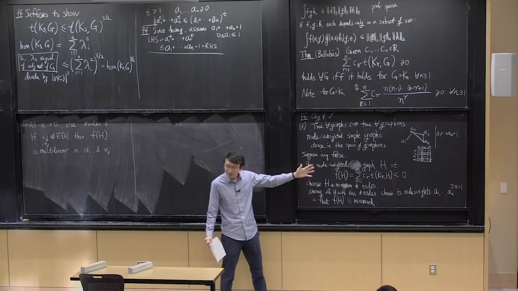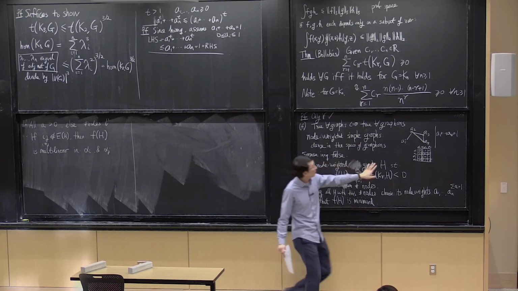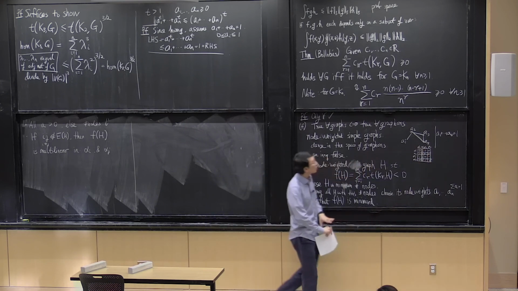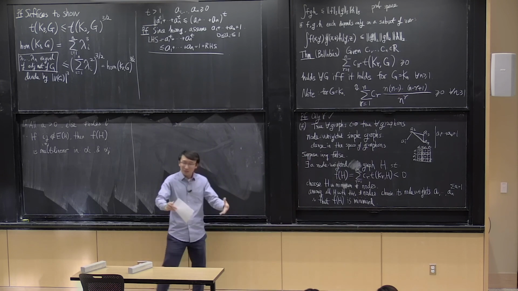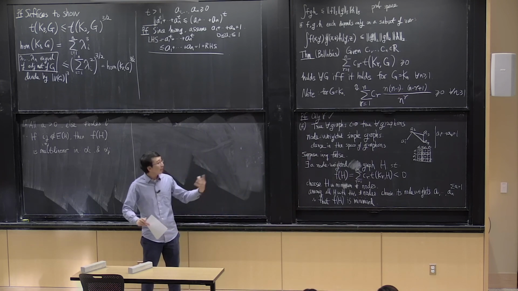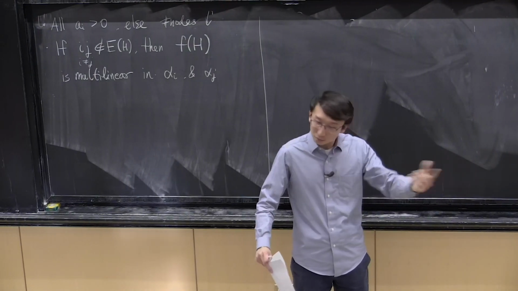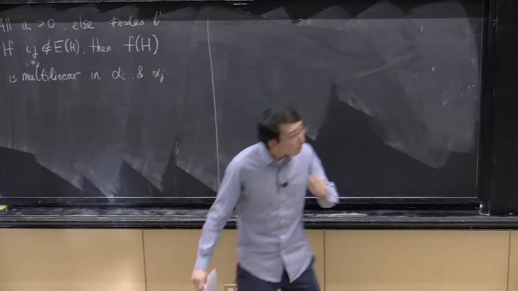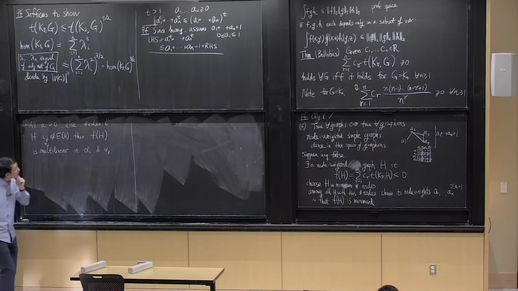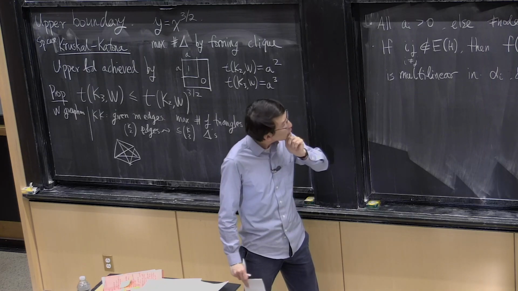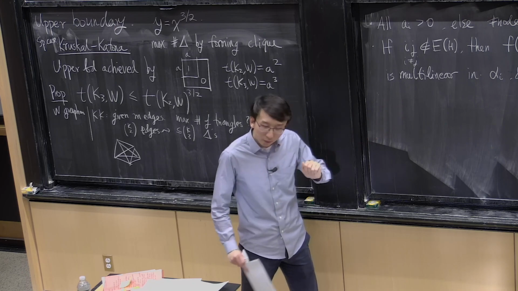If you write down the triangle density as an expression in terms of the parameters, think about what comes out, what it looks like. They essentially consist of you choosing a subgraph, and you cannot have repeats. Okay, so it's multilinear, in particular in alpha i and alpha j.